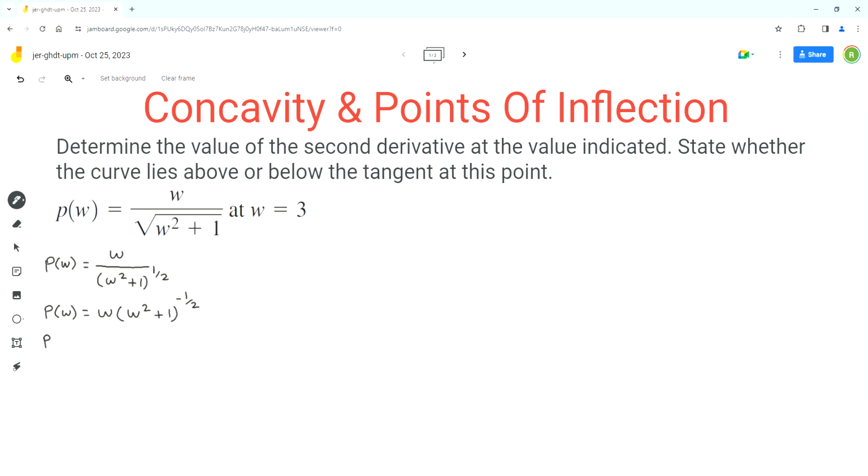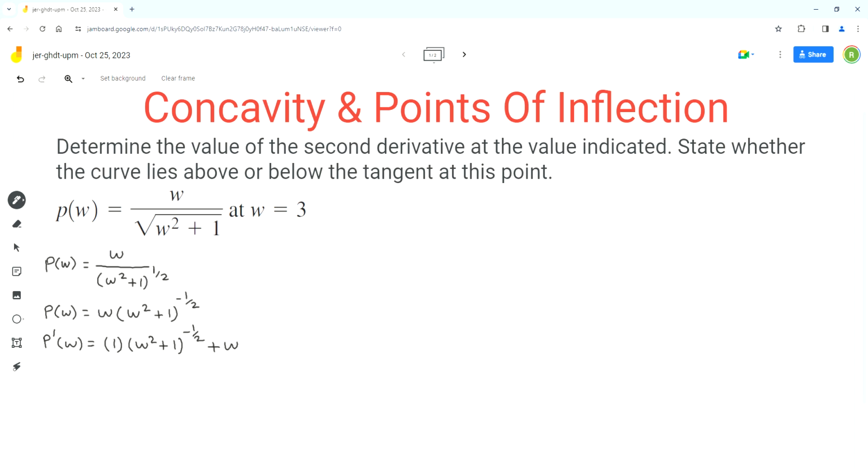So the first derivative, p prime of w, equals, as per the product rule, we start with the derivative of the first term, which is w. So the derivative of w is 1 times the second term plus the first term, which is w, times the derivative of the second term.